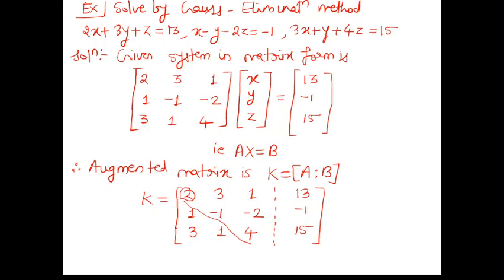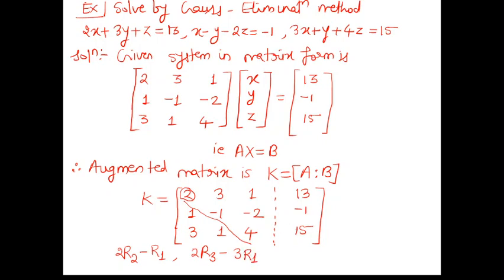I need to convert 1 to 0 with the help of 2, as well as 3 also 0 with the help of 2. So we will operate R2, multiplying by 2, so 2 times R2 minus R1, and then 2 times R3 minus 3 times R1.